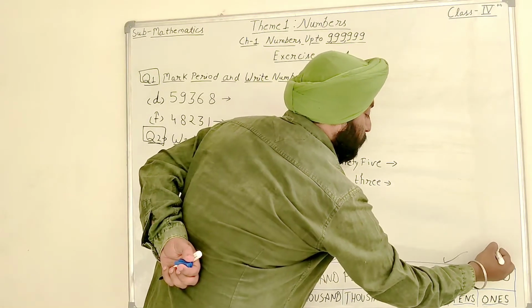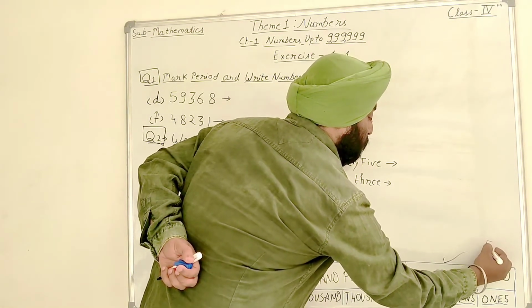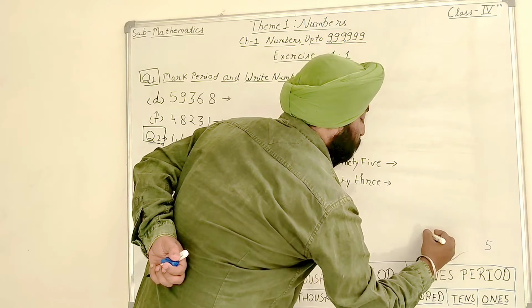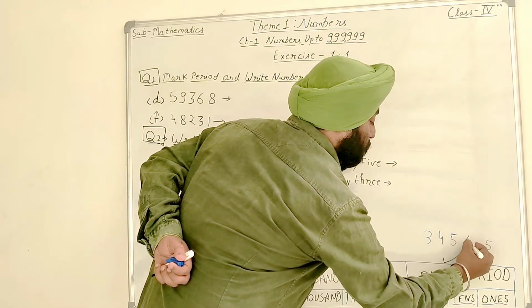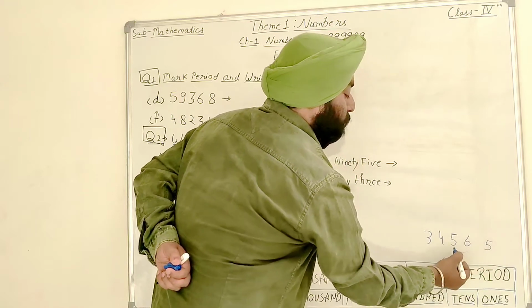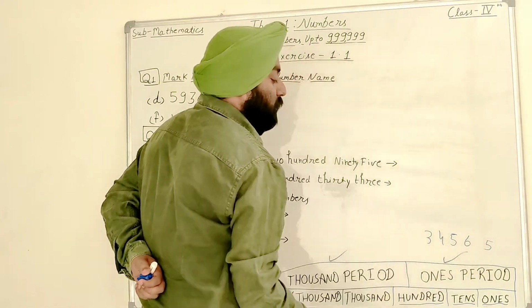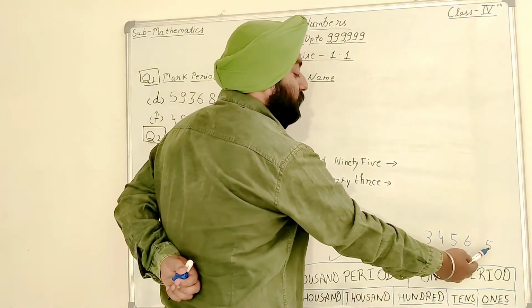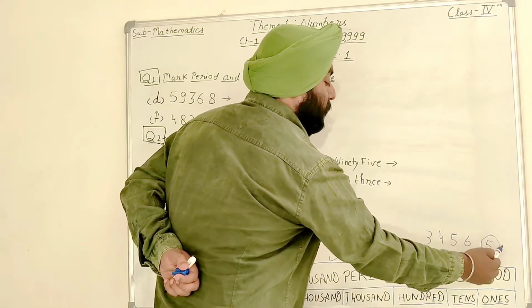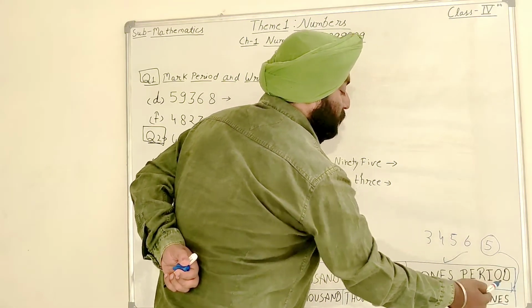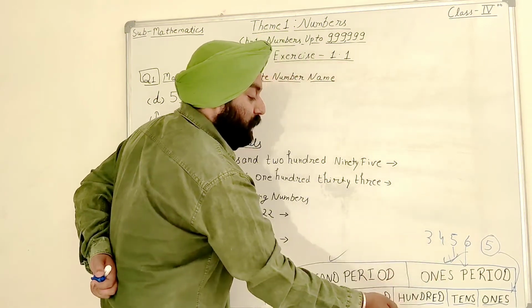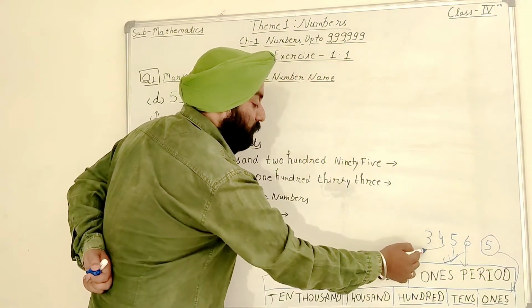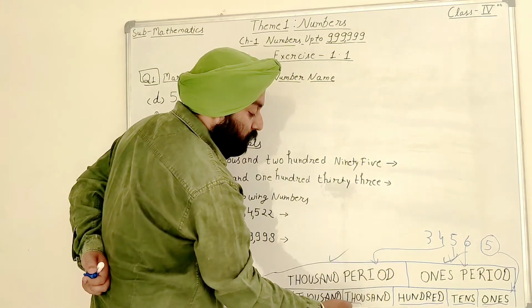If a number is like 34,565, then the fifth place is our ones place, the fourth is our tens place, the third is our hundred place, and the second is thousand place.